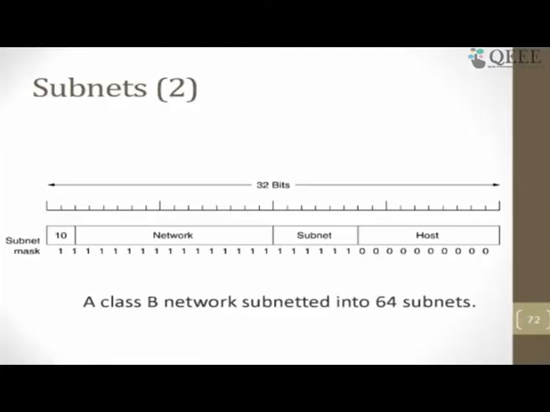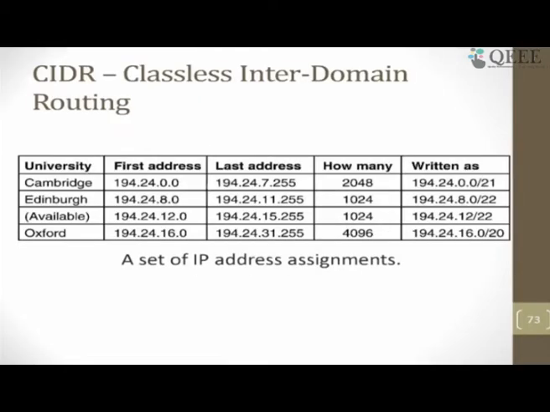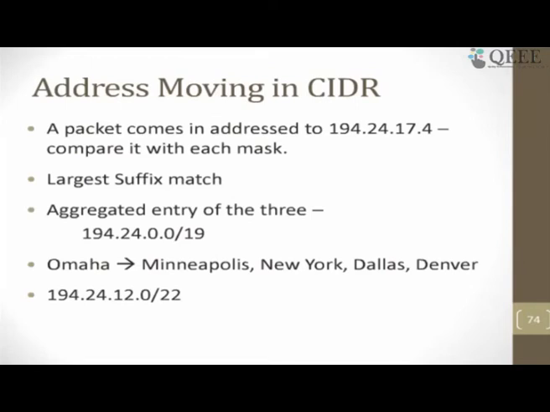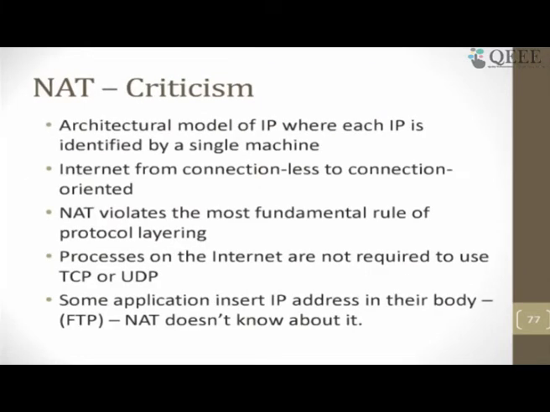So there are some pitfalls of NAT. One very big pitfall is this: what layer protocol is this? Is this an IP layer protocol or a TCP layer protocol? It is an IP layer protocol.